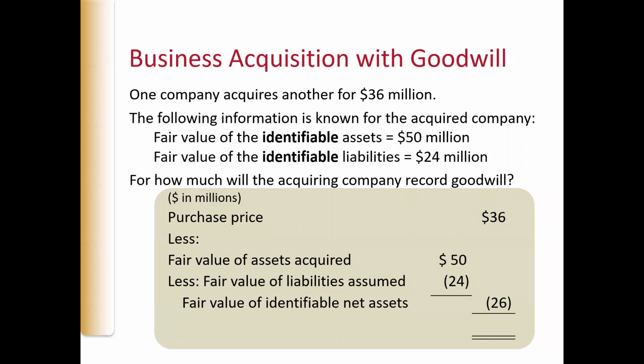The 50 minus the 24 gives us 26 in net identifiable assets. The difference with the purchase price minus the net identifiable assets of 26 will be categorized on the books as goodwill, that amount above and beyond the net identifiable assets.